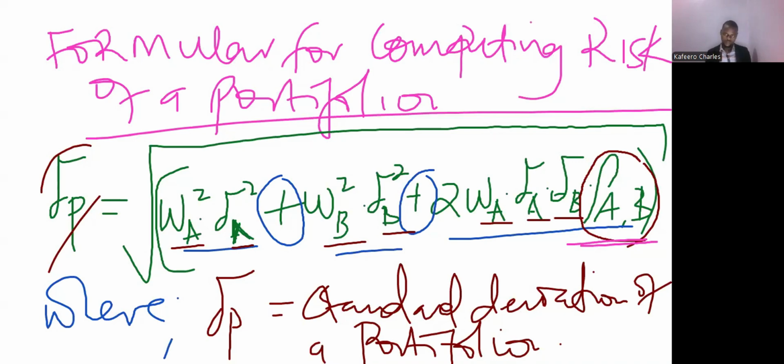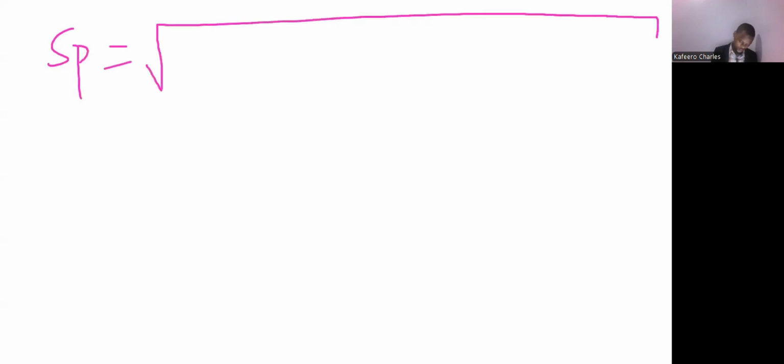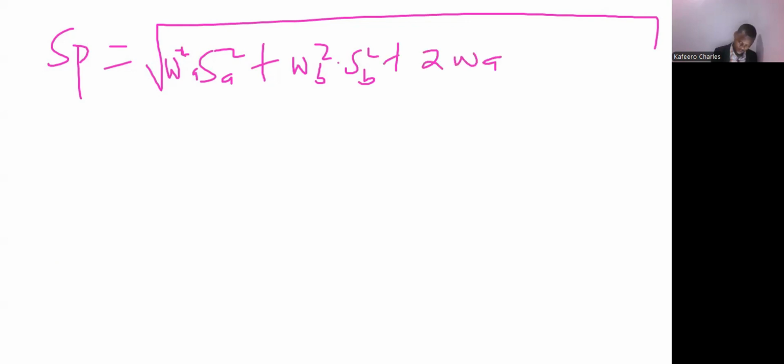This same formula has been given in the formula sheet, but there they wrote it as SP equals the square root of WA squared SA squared plus WB squared SB squared, plus 2 WA times R, of course this is lambda AB, times SA times SB.